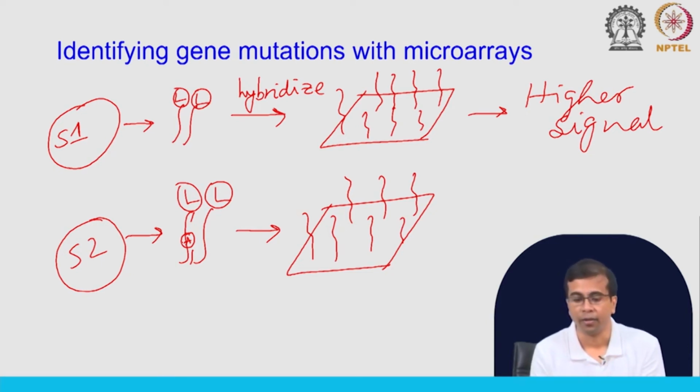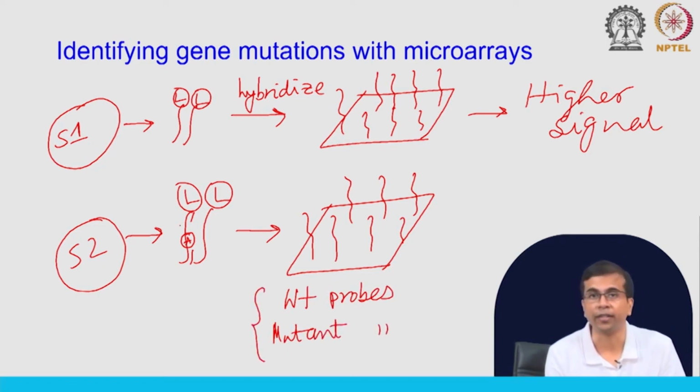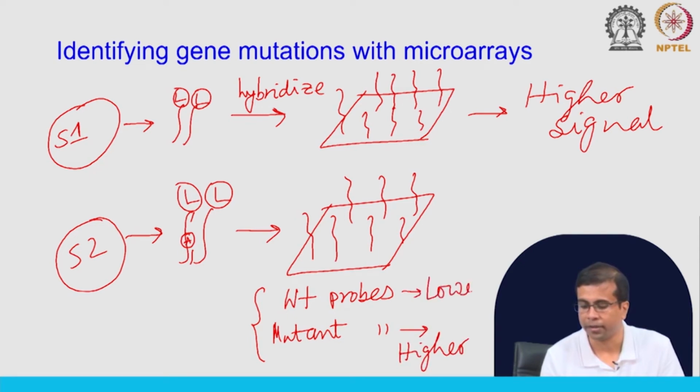So, you can have these wild type probes and mutant probes. So, what you will see is that if there is a mutation in the sample, this mutant probe will give you higher signal and the wild type probe will give you lower signal.